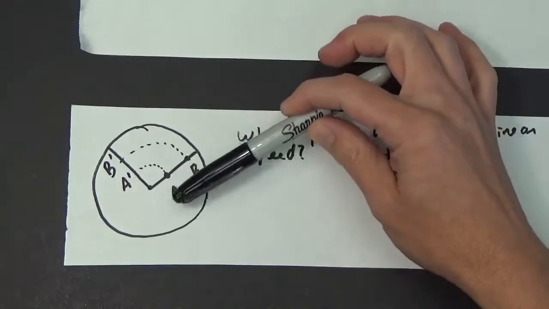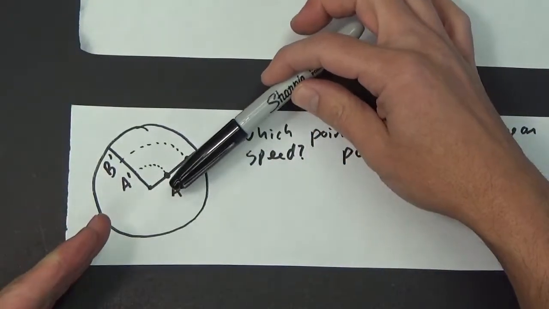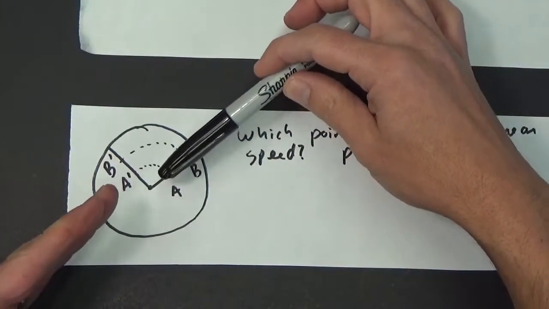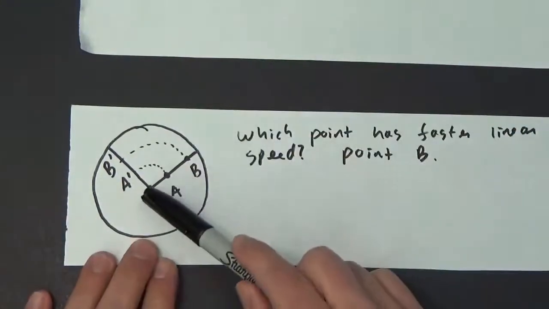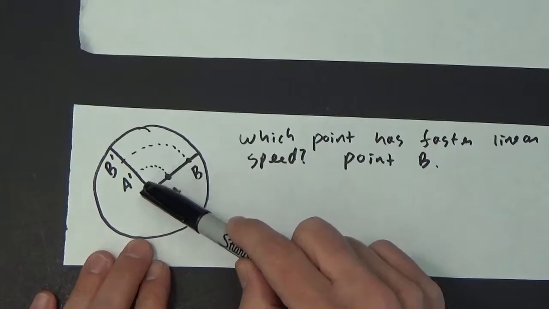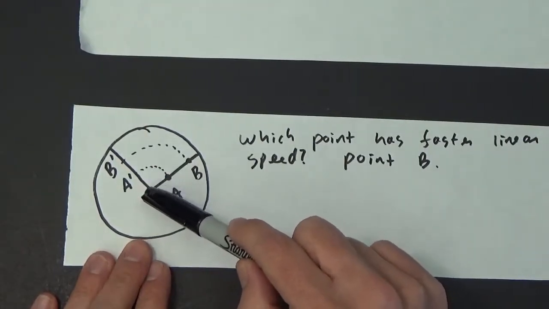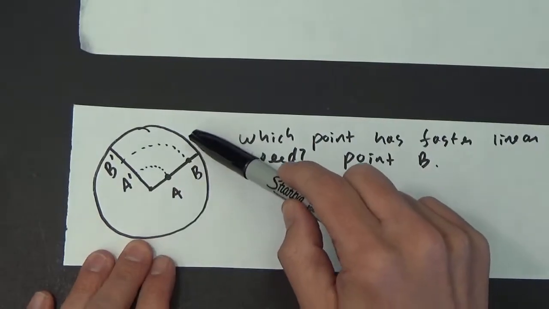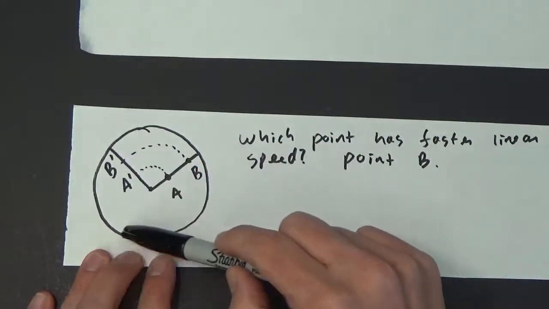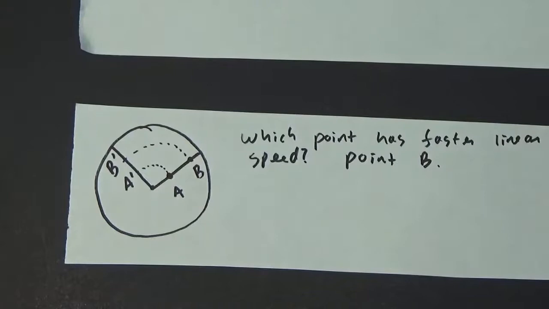So if you ever see those, like, in those bands or something where they get in a line and they start rotating, the person in the middle is just sitting there kind of just not going anywhere. They're just moving their legs and spinning around. And then the person way out here has to actually go really, really fast to keep up with the line. So it's the same idea. So point B has a faster linear speed.